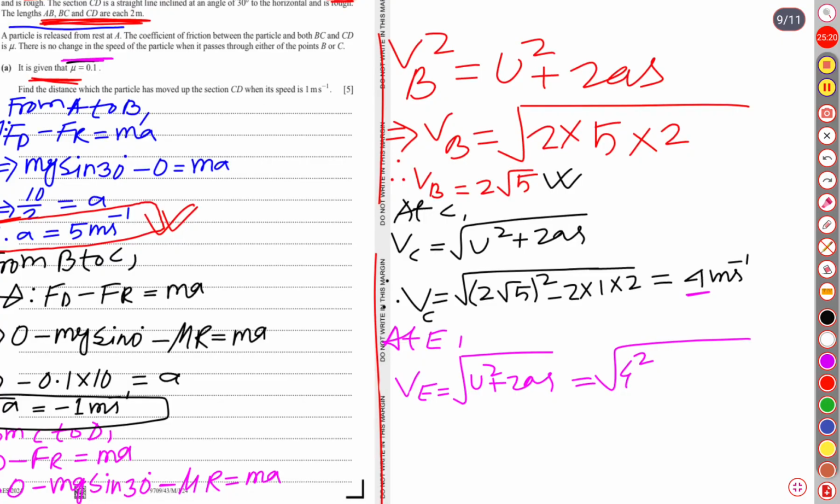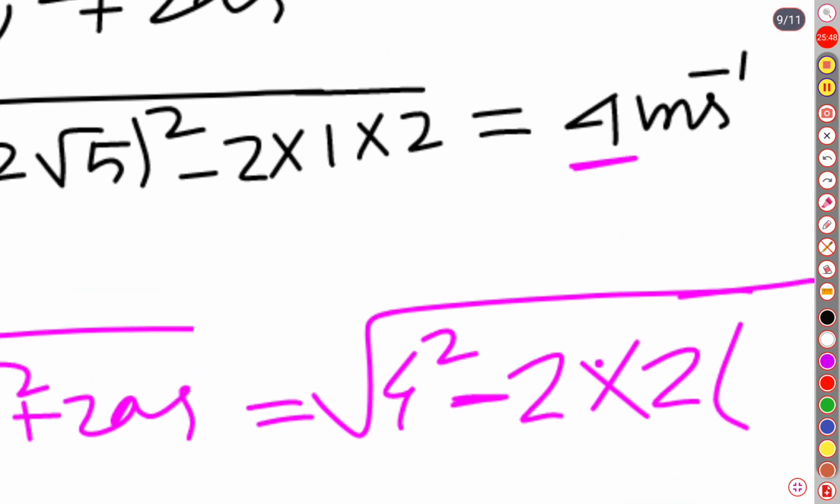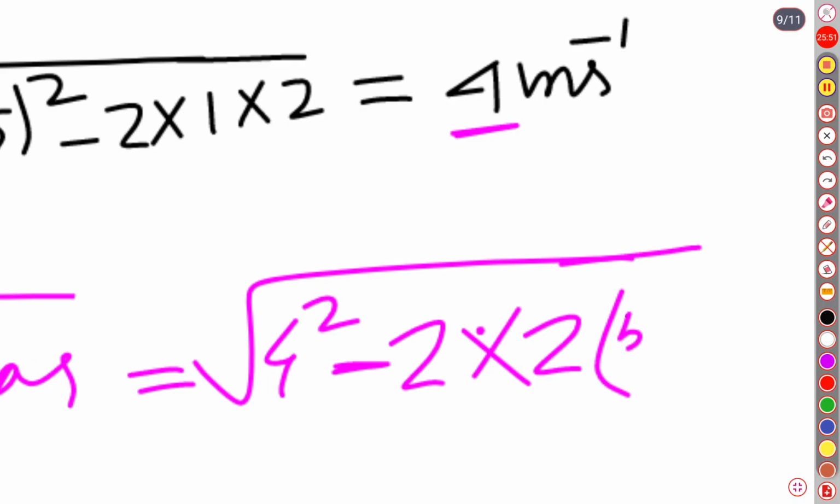So we will apply 4 squared minus 2as, and our acceleration was 5 plus 0.5 square root over 3. So this is what our final velocity is.